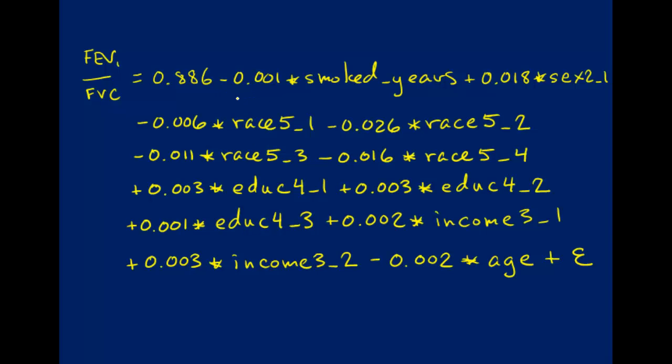So what should you be thinking when you see that this value of beta 1 is equal to minus 0.001?